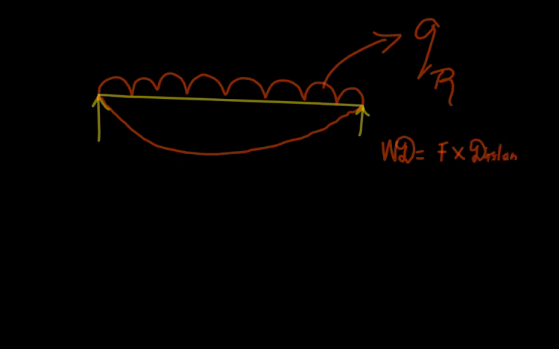Force F into distance traveled. Now let us say that the unwanted force acting on this particular region is R, the unwanted rate of loading, and let us say that this distance is dx. So what is the unwanted force? The unwanted rate of loading is R. So I will erase this.